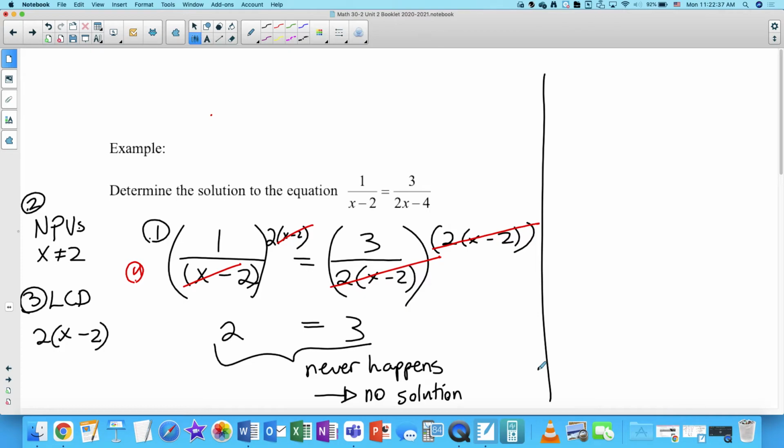Essentially you're multiplying by x minus 2 times x minus 2. You can do it if you want, but most of the time it leads to problems. When we just put that up there and that up there, that's not mathematically what happens. What happens is that you multiply both sides by both denominators.